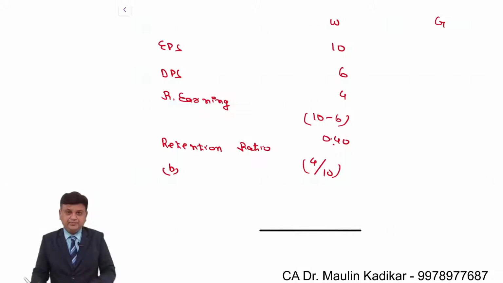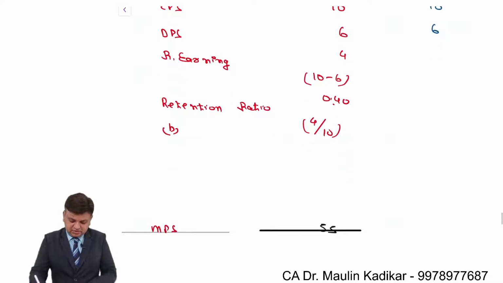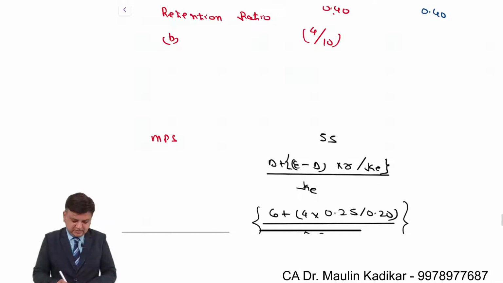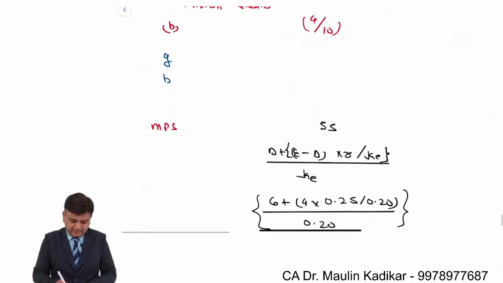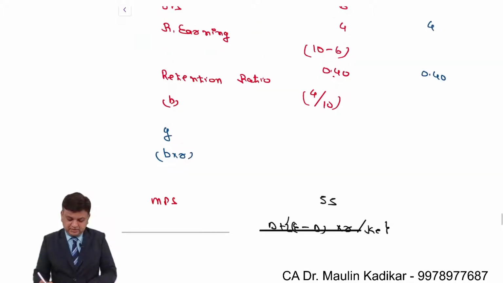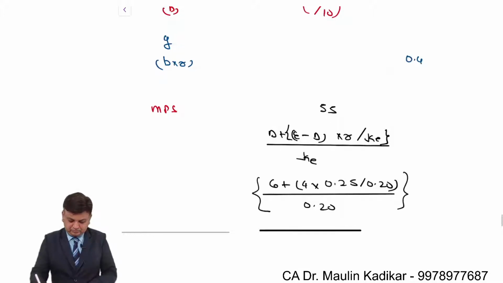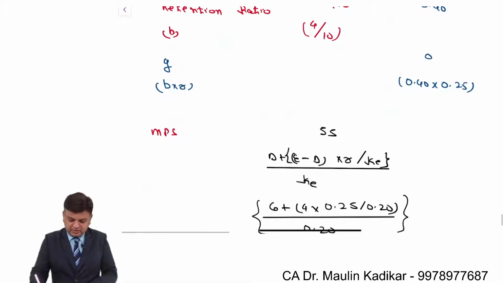Next, in case of Gordon model, again this is 10, this is 6, this is 4, this is 0.4. Then based on that the growth rate can be calculated. B into R. B stands for retention ratio 0.40 into R stands for the rate of earning 0.25. So it is 0.10, that is 10%.